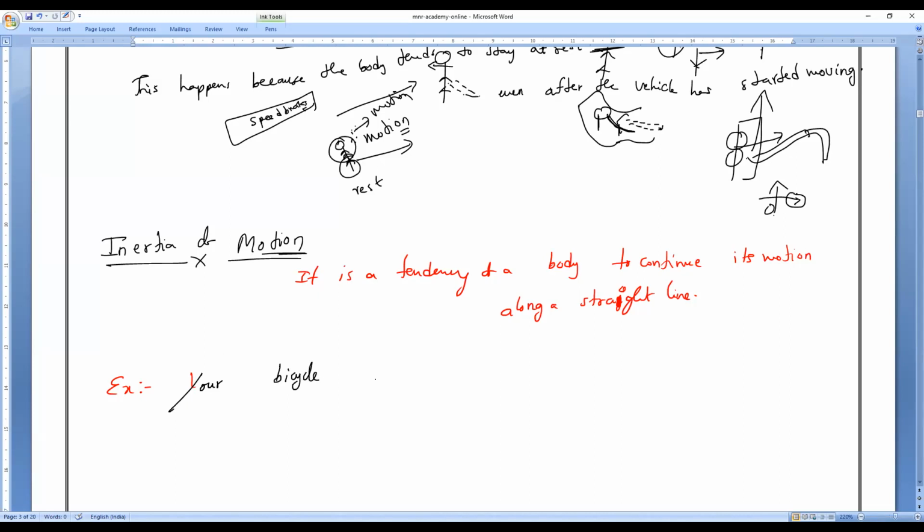Your bicycle continues to move forward for some time even after you stop pedaling.